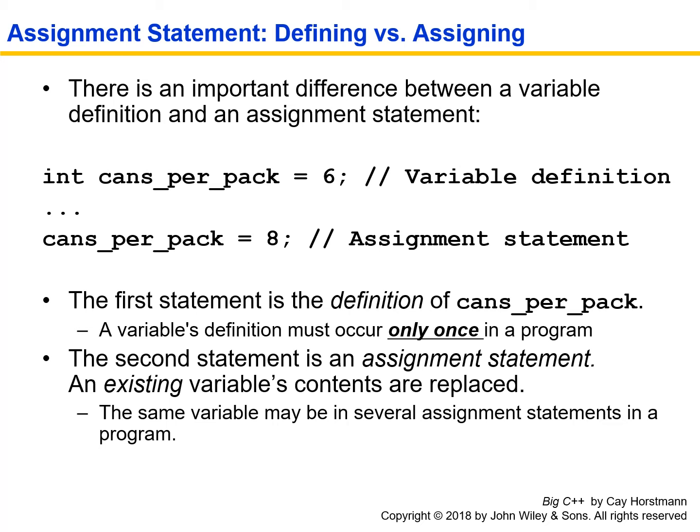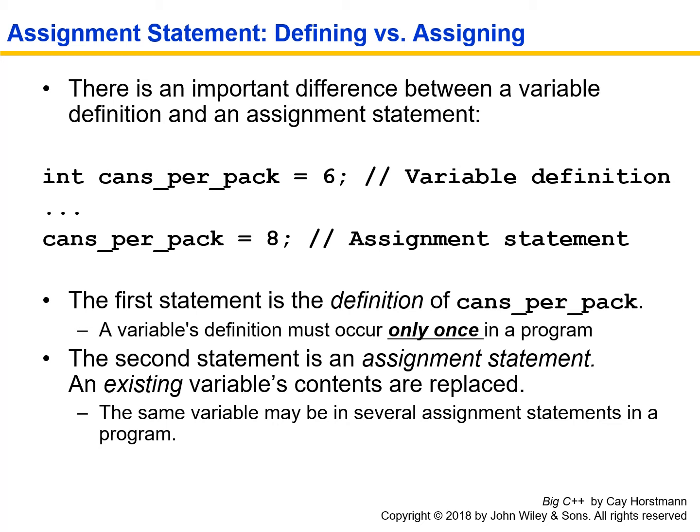There's an important difference between a variable definition and an assignment statement. A variable definition starts with a type name, int cans per pack equals 6, and that creates a new variable that has never existed before. cans per pack equals 8, the second statement here, is just an assignment statement.